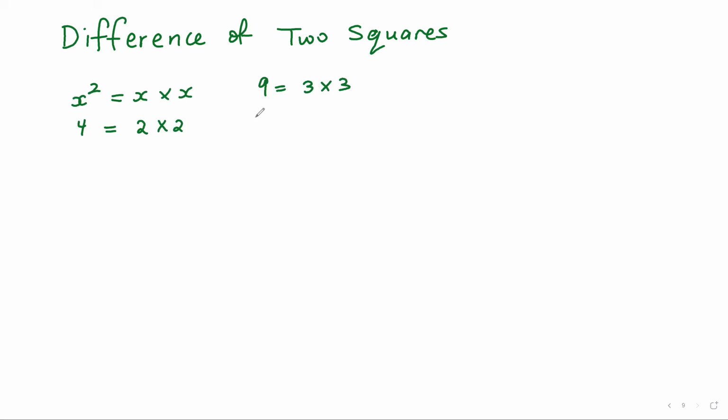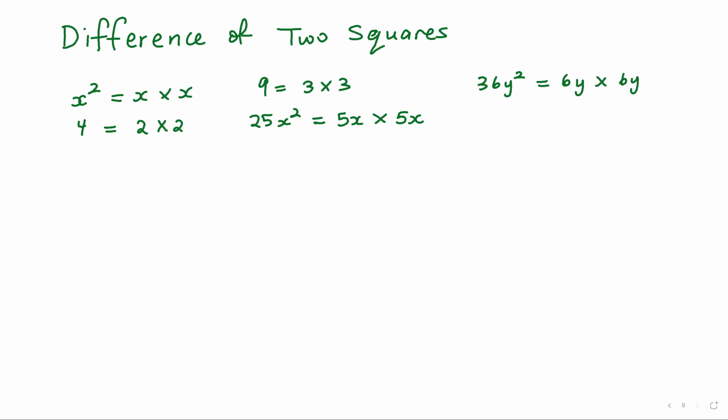Even if you say 25x squared, this would be a square number as well because 25x squared would be 5x times 5x, right? 36y squared is a square number because that's 6y times 6y.